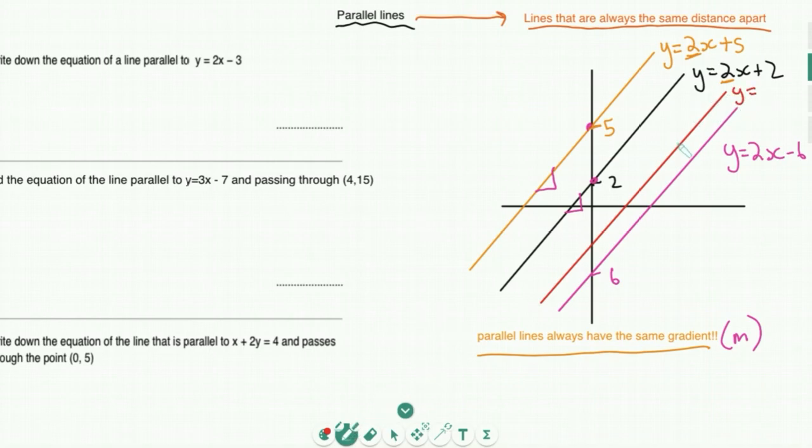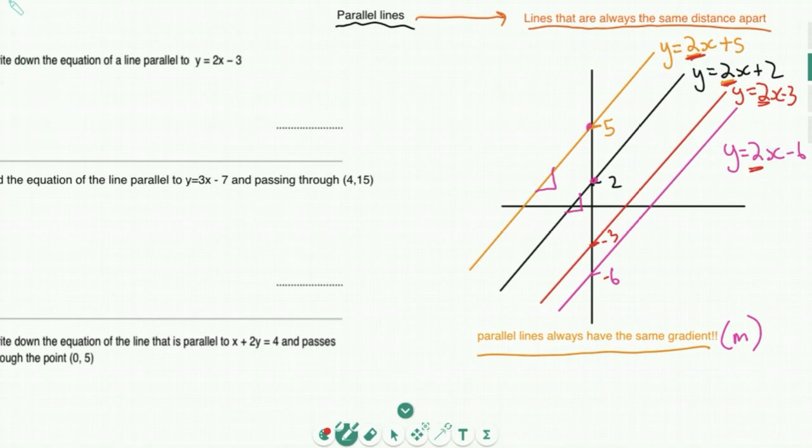Y equals, well, it's the same steepness as the black line, so the gradient's going to be 2 again. But now it's crossing the y-axis at about minus 3. So all these lines are parallel, and look what you notice, they all have the same gradient.